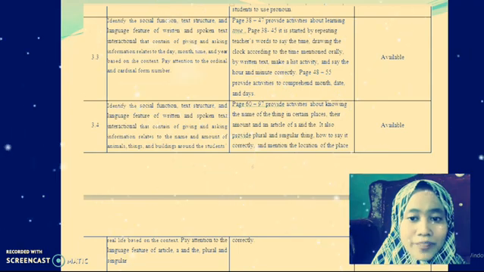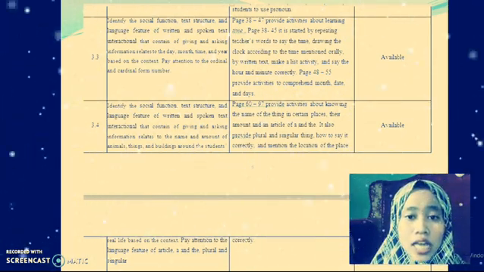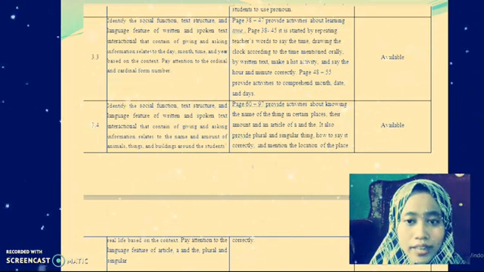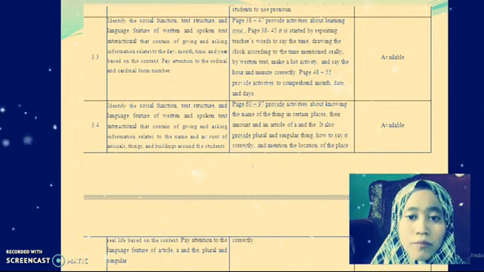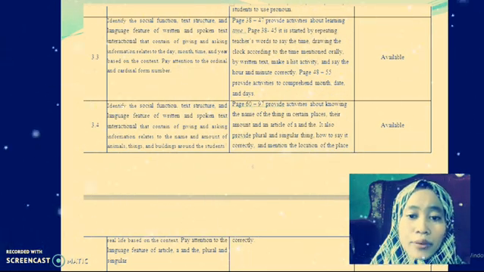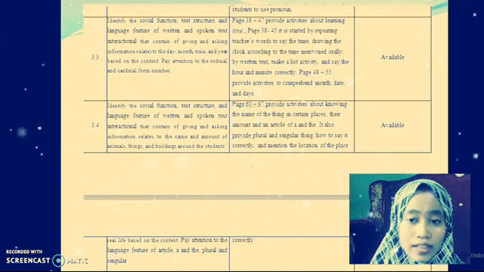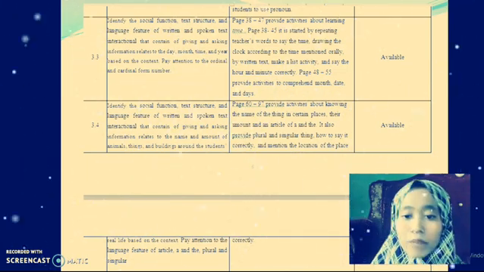This basic competence is available. It can be seen at pages 60 until 97. The textbook provides activities about knowing the name of things in certain places, date, amount, and articles a and the. It also provides plural and singular things, how to say them correctly, and mention the location of the place.